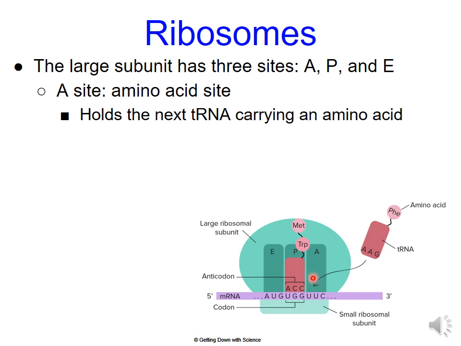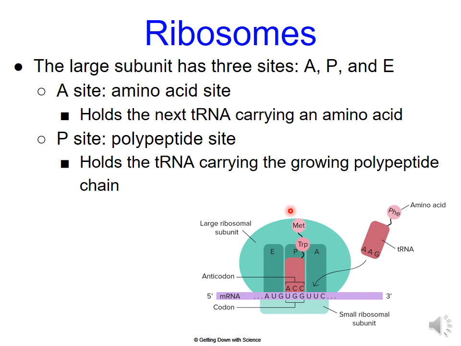It's kind of like a prep site. We're getting everything lined up and ready to go. P is the polypeptide site, because this is where we're actually building that polypeptide or amino acid chain. And E is the exit site, so as it moves into the E site, then it will release and leave.